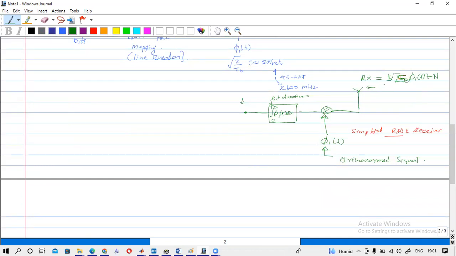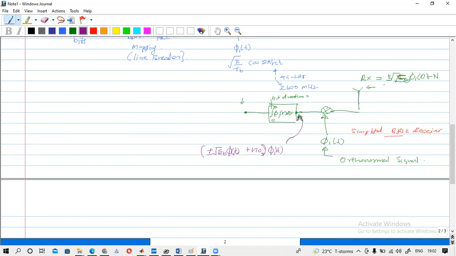So the signal at this point will be plus or minus root EB phi 1(t), plus N naught, and again this is multiplied by phi 1(t).